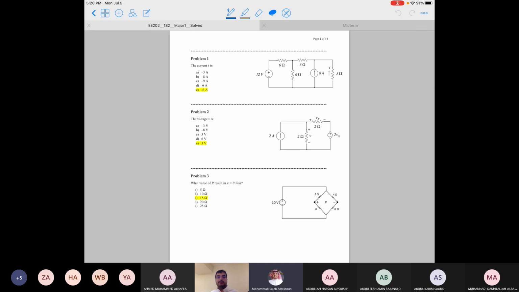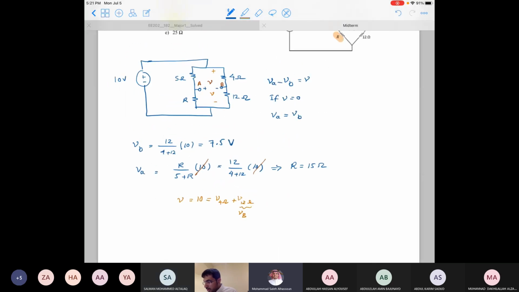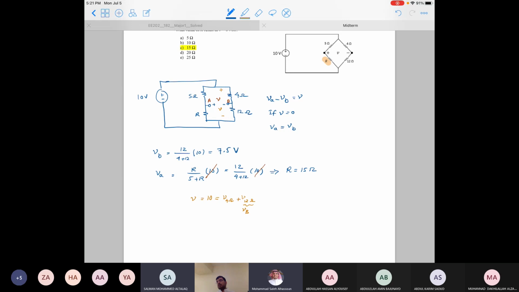Salman? Doctor, why did you use the voltage divider for the 12 ohm, not for the 4 ohm? Okay. Oh, you're asking why? I want my reference point to be this one.